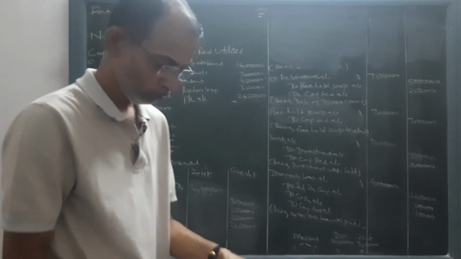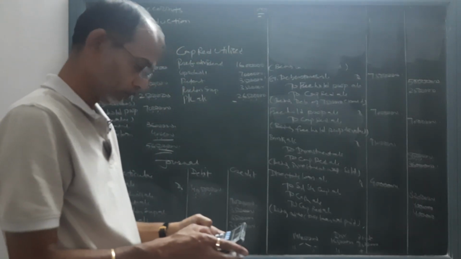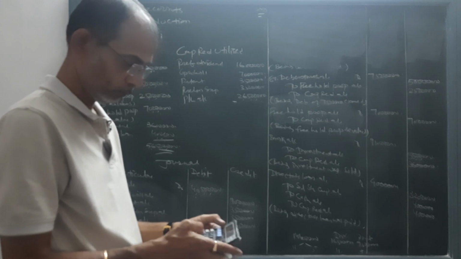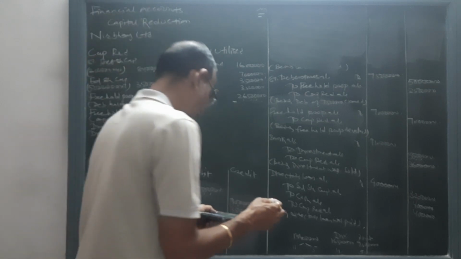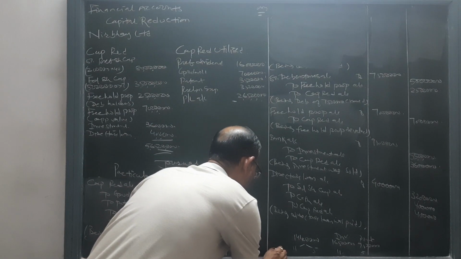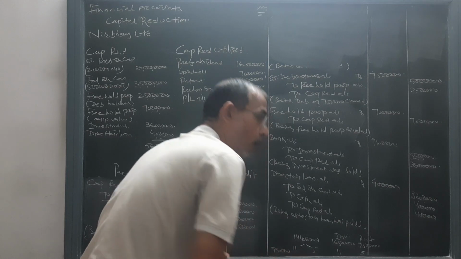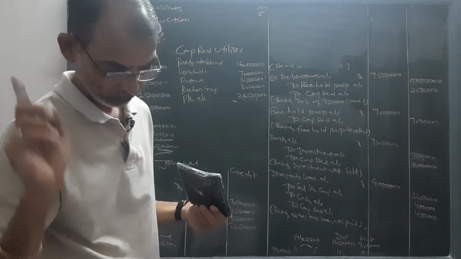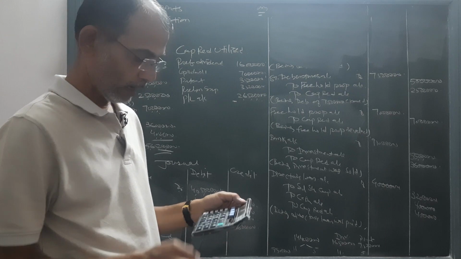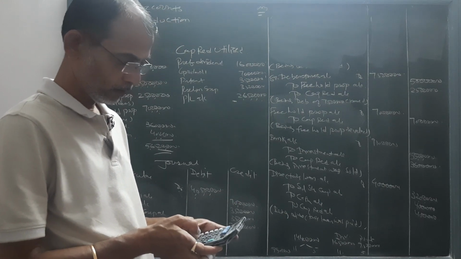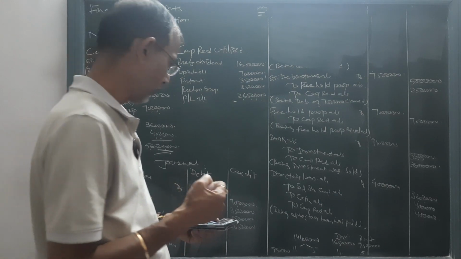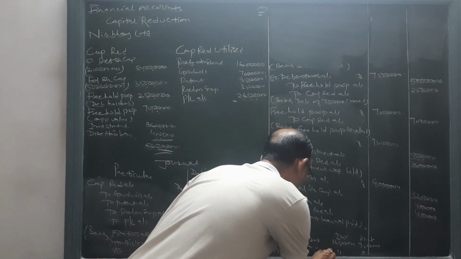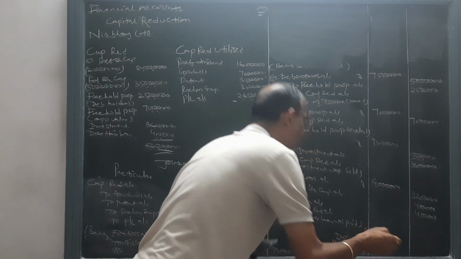So 99 lakh will be written off inventory, while the remaining 45 lakh off plant.